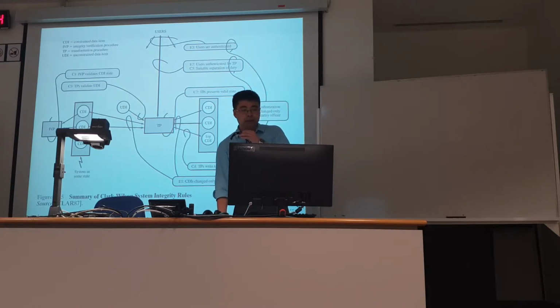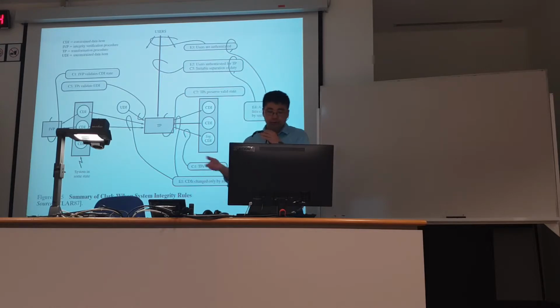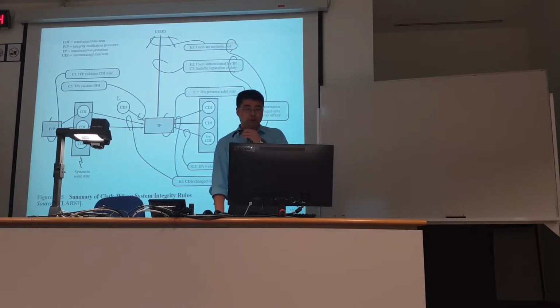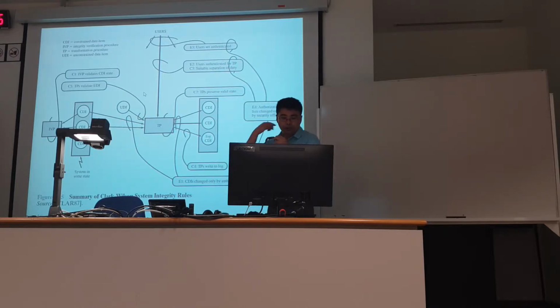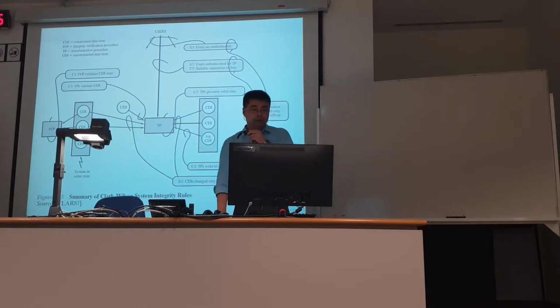So basically, any transaction will turn a constrained data item into a constrained data item. That means the integrity of the constrained data item will not be affected. On the other hand, we will also make sure the unconstrained data item will turn into a constrained data item in any transaction. This is what we want to achieve.